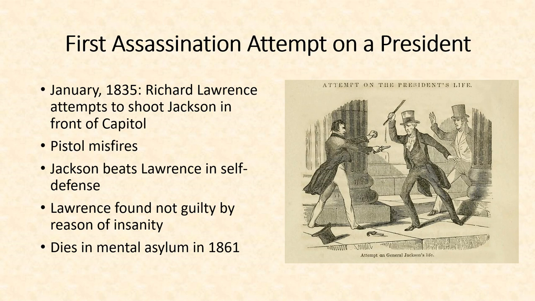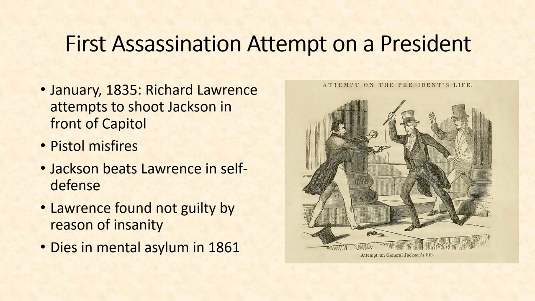In January of 1835, Richard Lawrence, a man who by most accounts was mentally ill, attempts to assassinate Jackson on the steps of the United States Capitol. A member of Congress had died, and Jackson was attending the funeral, which was held in the Capitol building.